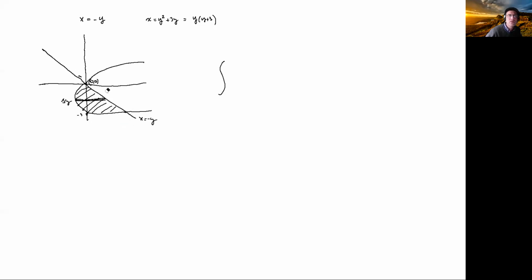In order to compute the other intersection point, we have to set the 2 curves equal. That was a big mistake. So let us compute that. Where do these 2 curves intersect? They intersect when x equals minus y is equal to x equals y squared plus 3y. In other words, when minus y equals y squared plus 3y, which is the same as y squared plus 4y equals 0, which is the same as y times (y plus 4) equals 0.